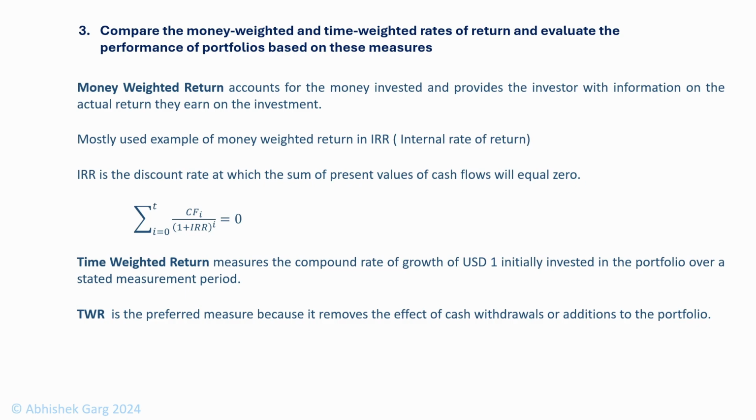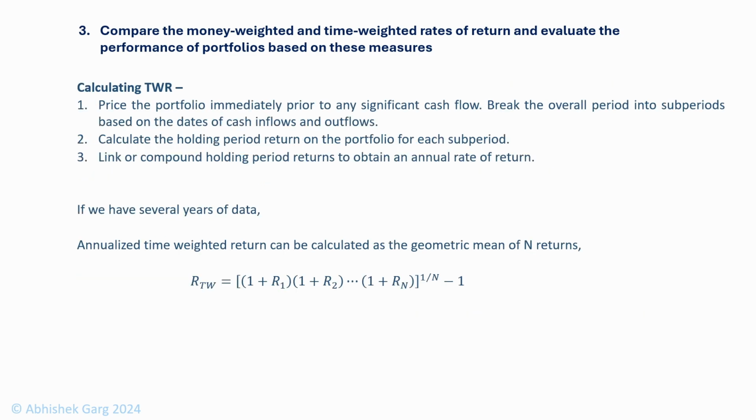But in case of time weighted return, these additions or withdrawals to the portfolio do not affect the rate of return. So time weighted return can be used to compare the performance of two different portfolios, but we cannot use money weighted return to compare the performance of two different portfolios.